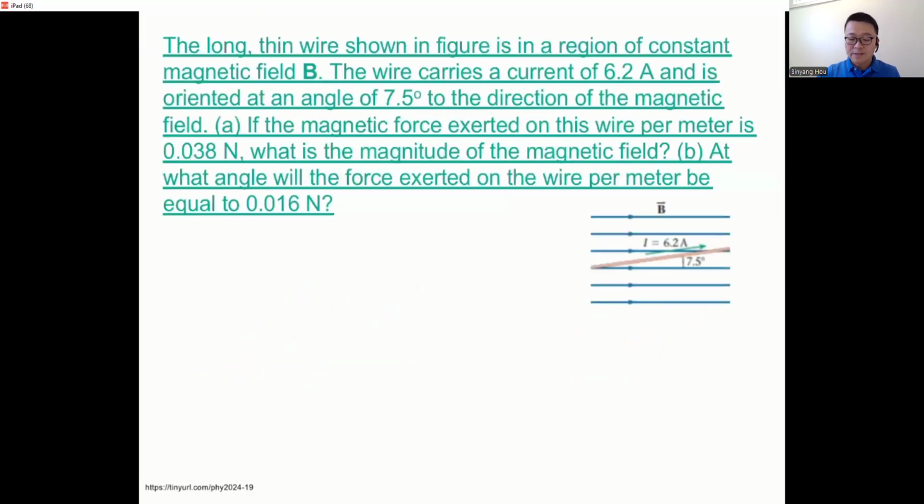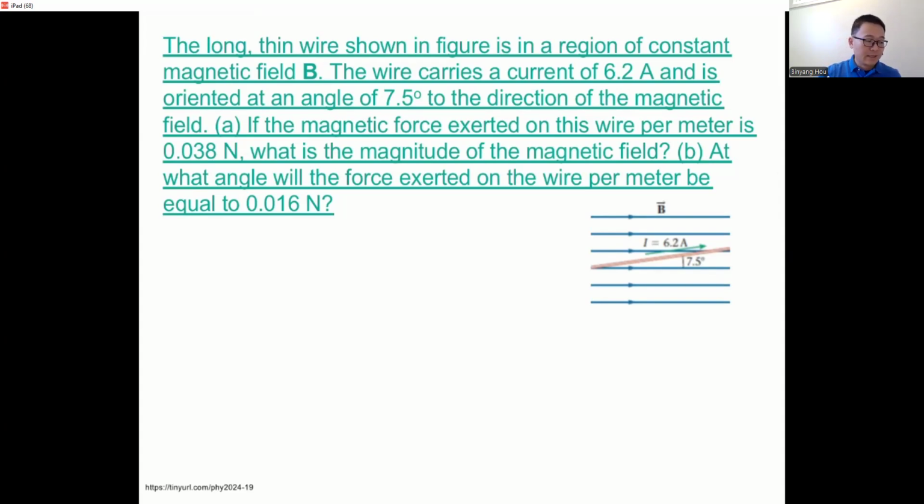All right, so let's take a look at this example here. It says the long thin wire shown in the figure is in a region of constant magnetic field B. The wire carries a current of 6.2 amps and is oriented at an angle of 7.5 degrees to the direction of the magnetic field. So the theta in the equation on the previous page, ILB sine theta, is the angle between the direction of the current and the magnetic field.